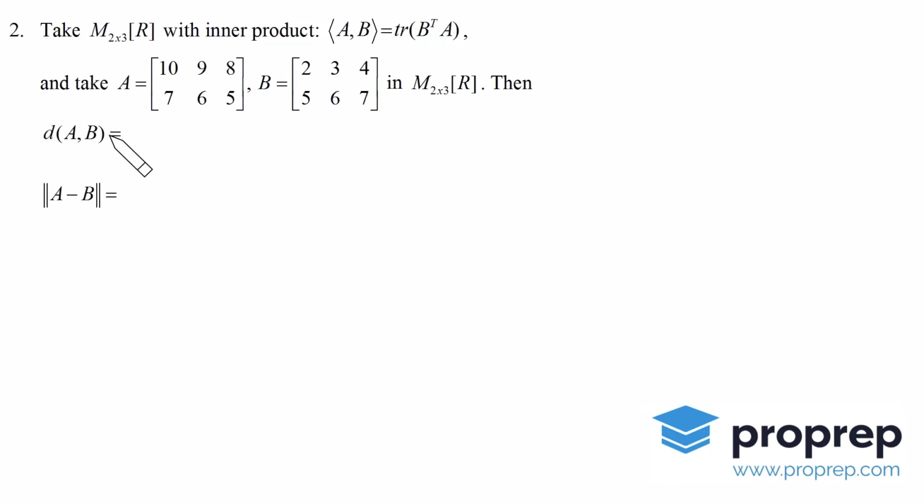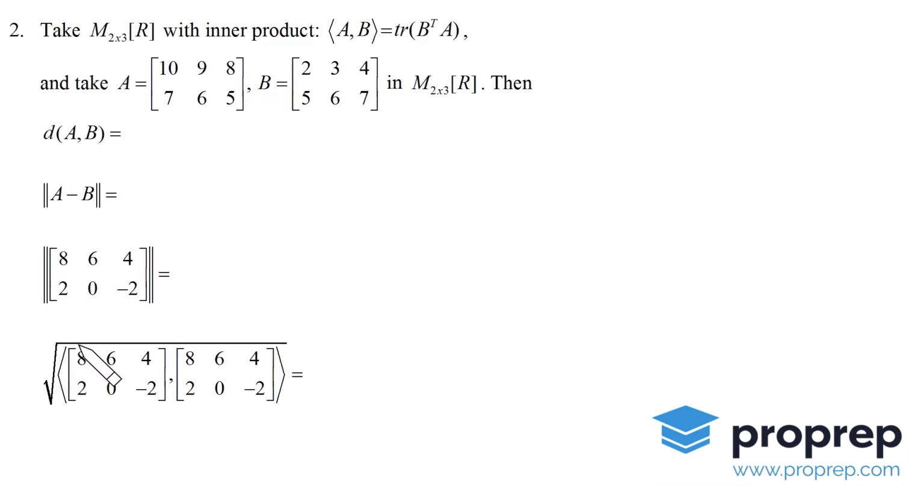The distance from A to B, by definition, is the norm of A minus B. And for A minus B, we just do a subtraction: 10 minus 2 is 8, 9 minus 3 is 6, and so on.